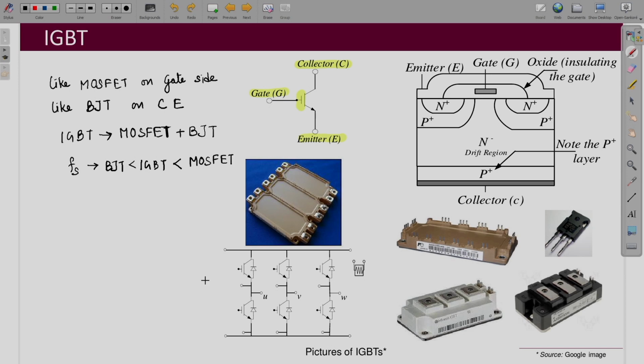And that is the reason your IGBT became very popular, because earlier they used to use silicon BJTs, and the problem was that the switching frequencies were not very high, whereas BJTs can carry a lot of current, and the power levels they can withstand used to be much higher for power BJTs.